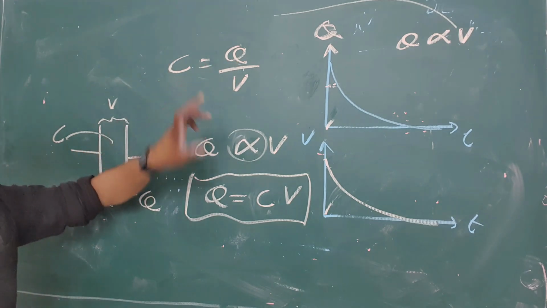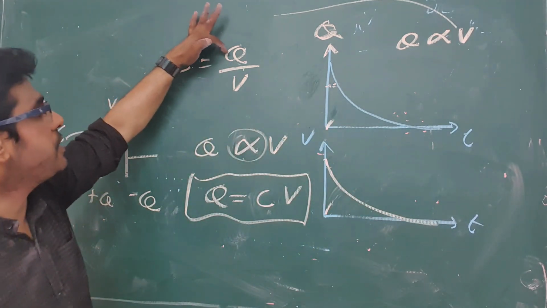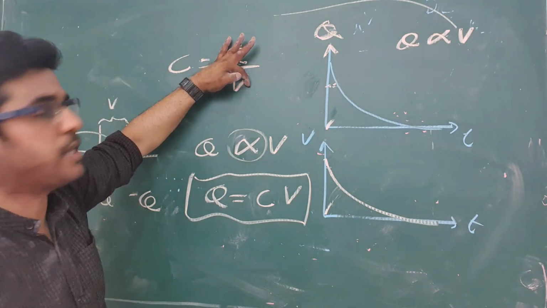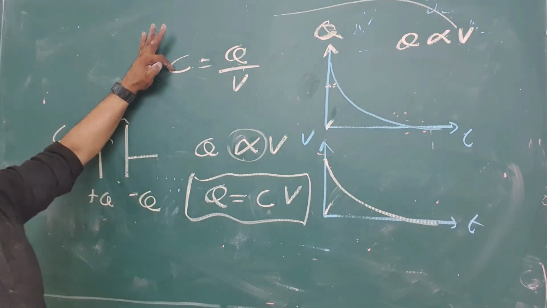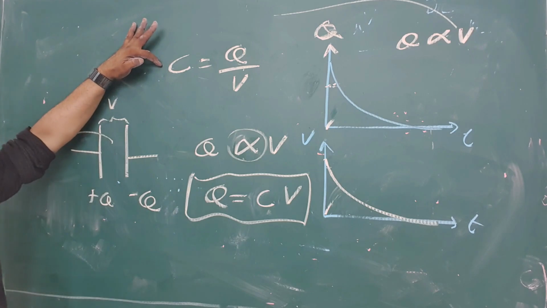But anyway, I'll give the definition again. Charge per unit voltage, or 1 volt, is defined as capacity.